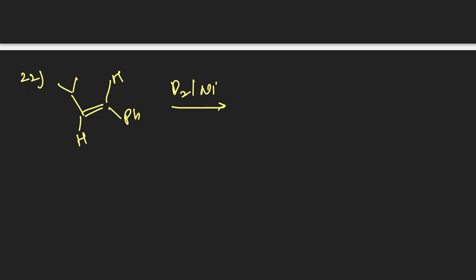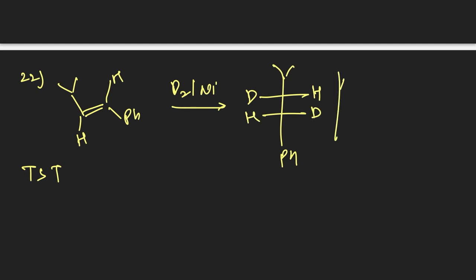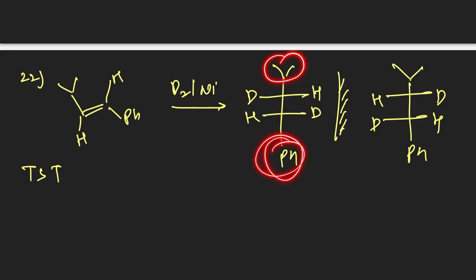It will form threo. Now this is the perfect condition for threo. This is Ph, H, D, H, D, then H, D, D, H and Ph. Now it is not similar to when it was the same. The terminal groups on the vertical line are not the same. That's why we got threo.